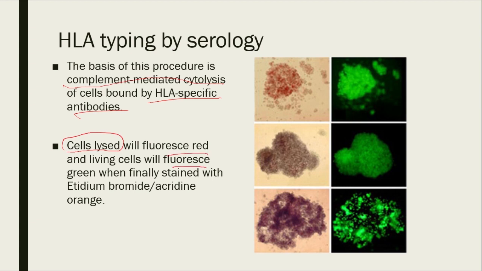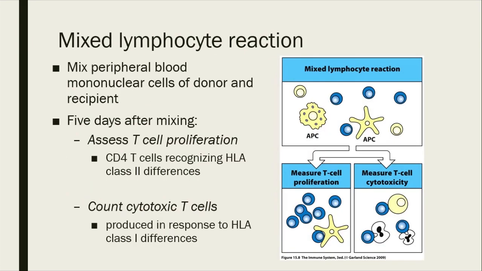Don't worry too much about ethidium bromide and all these dyes. Some of those are DNA staining compounds, especially ethidium bromide, which intercalates into the DNA double helix. So when it fluoresces, there is cell damage and the DNA is being leaked out. That's the principle of HLA typing by serology.